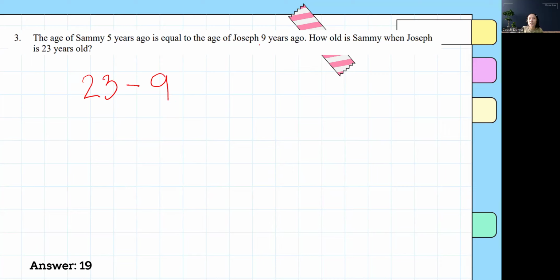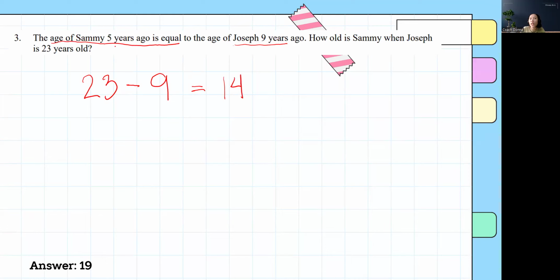Because that is the age where Sammy is equal to Joseph's age. So 23 minus 9, that's equal to 14.